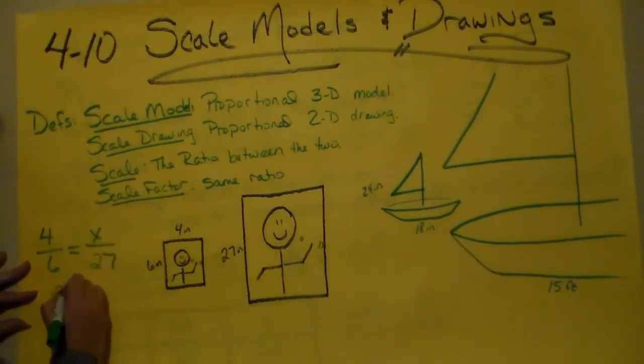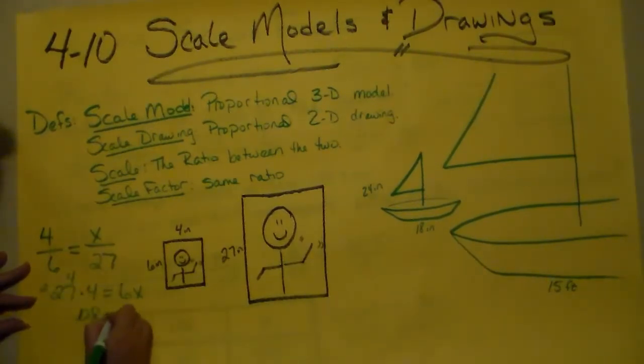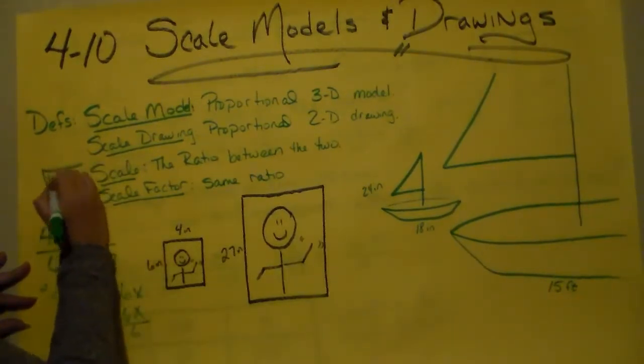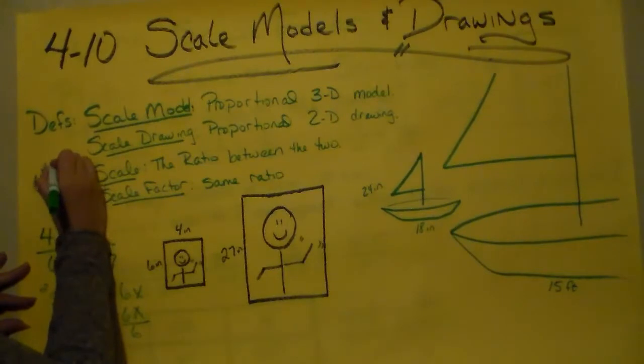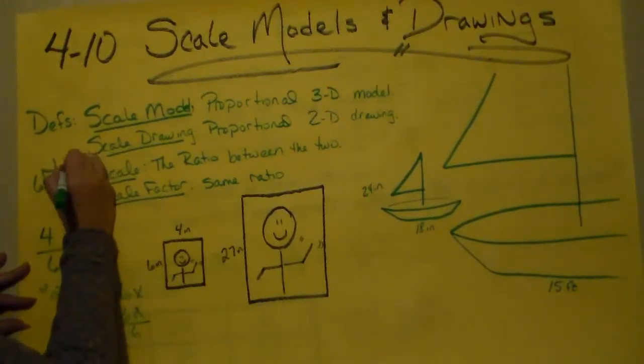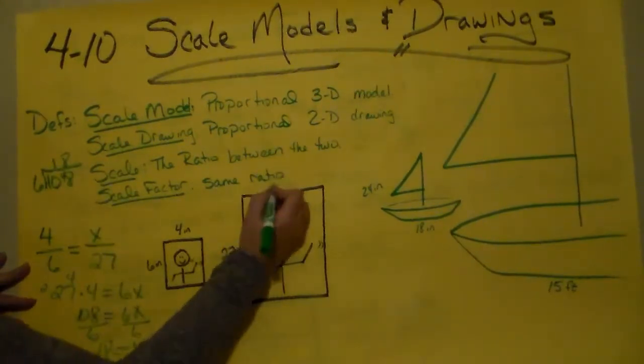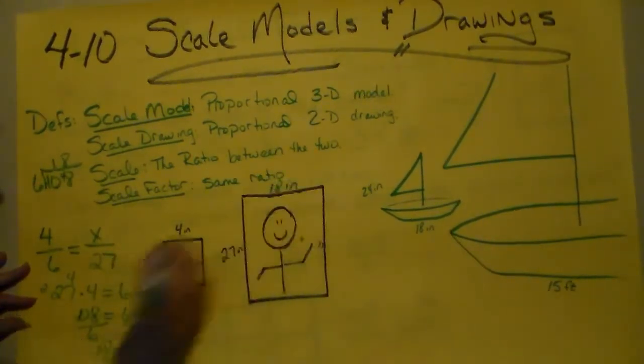I can go 27 times 4 equals 6x. 27 times 4, that's 108. 108 equals 6x. I can divide each side by 6. And 108 divided by 6, 8 times x equals 18. So this is going to be 18 inches wide.